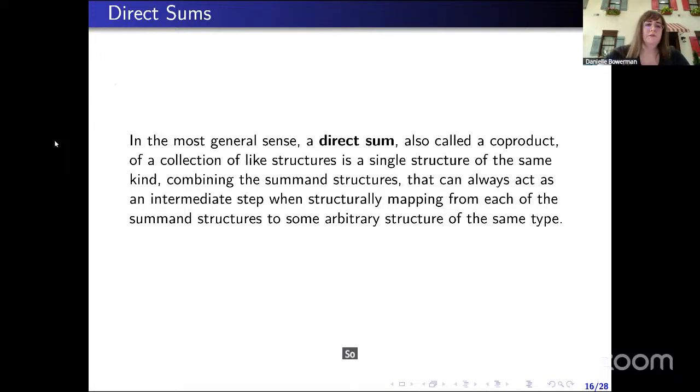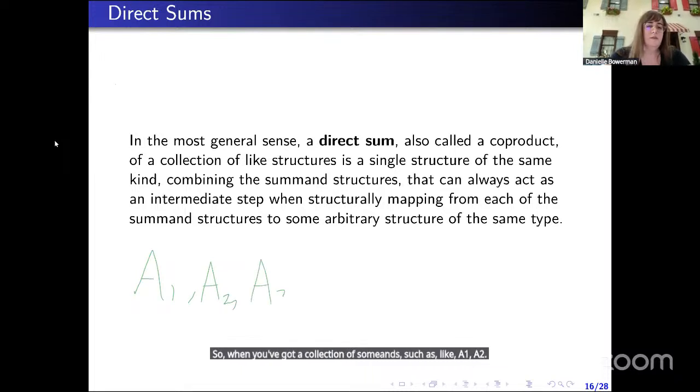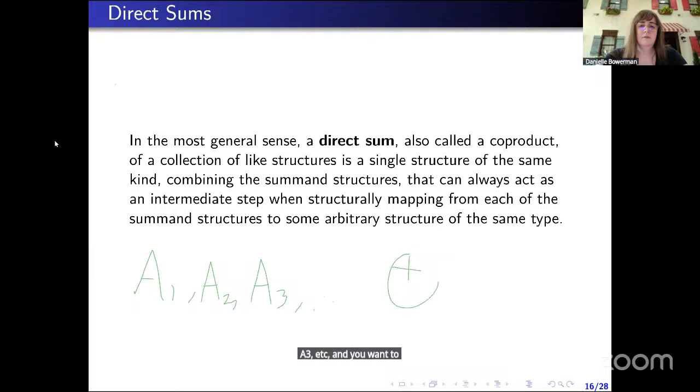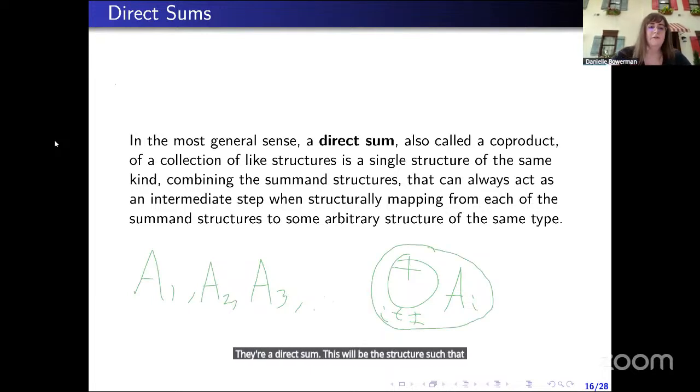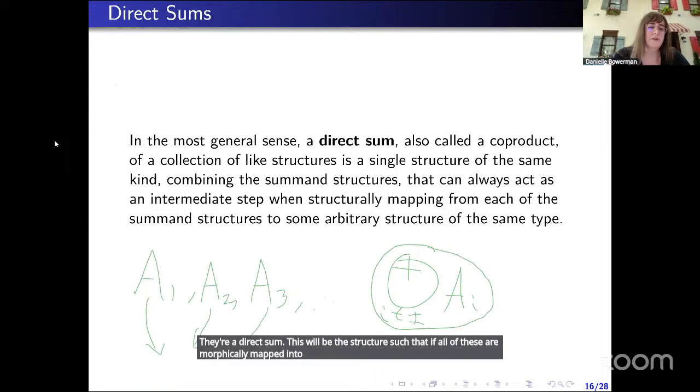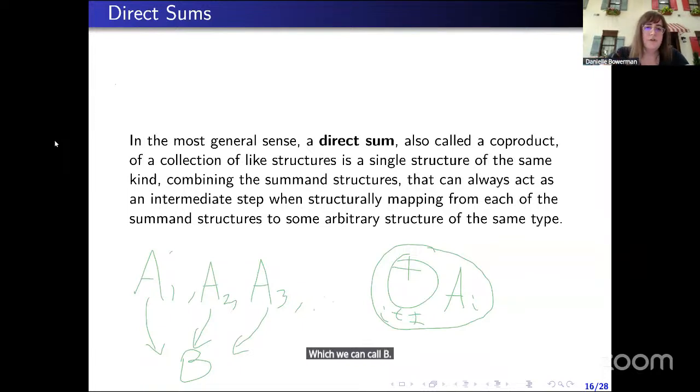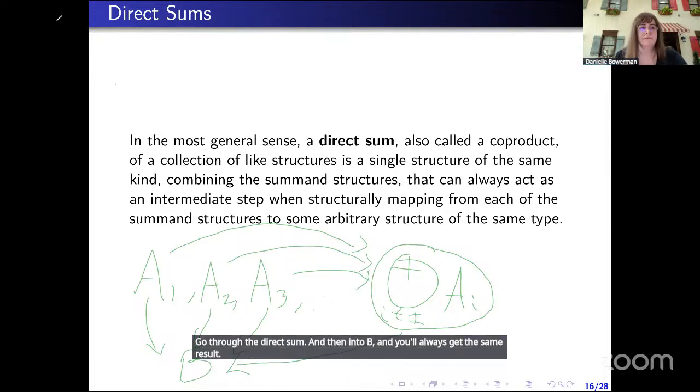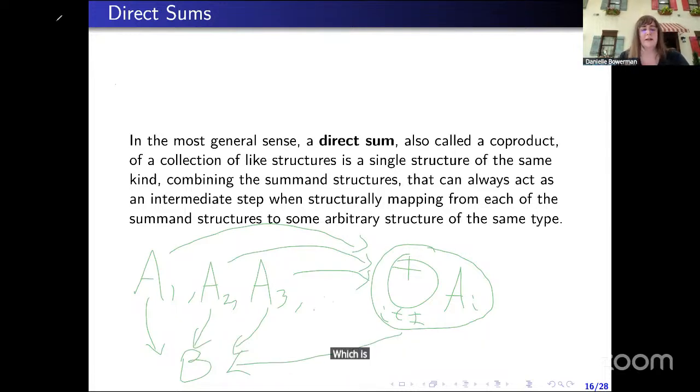So when you've got a collection of summands, such as A1, A2, A3, etc., and you want to take their direct sum, this will be the structure such that if all of these are morphically mapped into a single structure of the same kind, which we can call B, you can also always go through the direct sum and then into B, and you'll always get the same result, which is demonstrated on the next slide a little bit, but using commutative diagrams specifically.